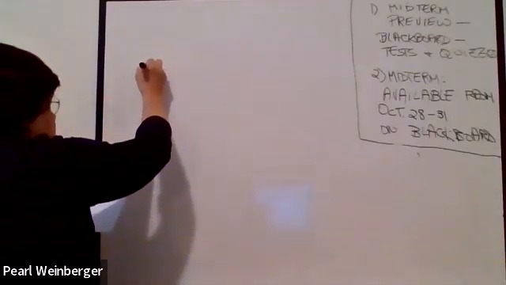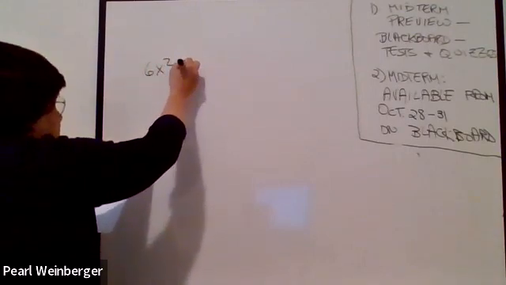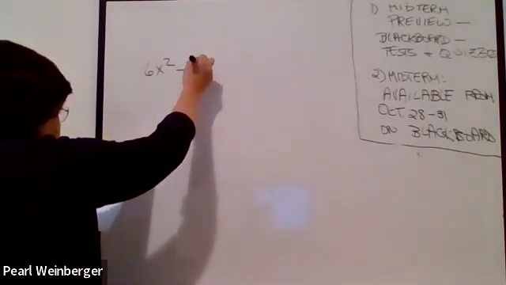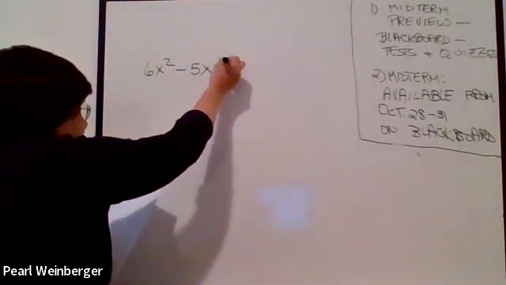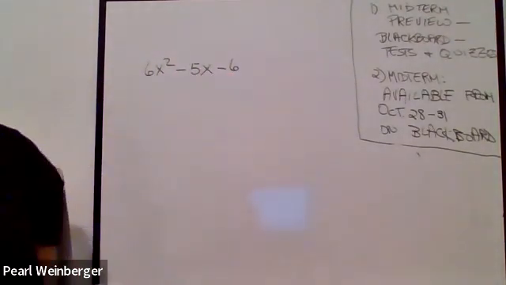Let's try this: 6x squared minus 5x minus 6. What if I want to factor this trinomial?